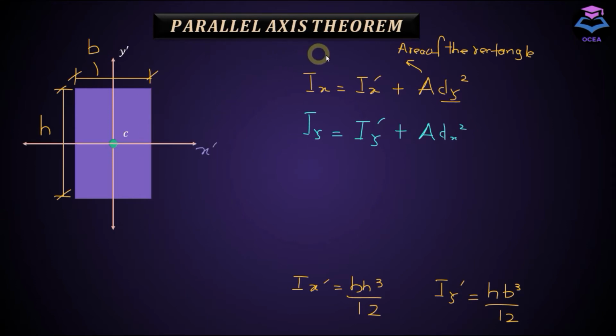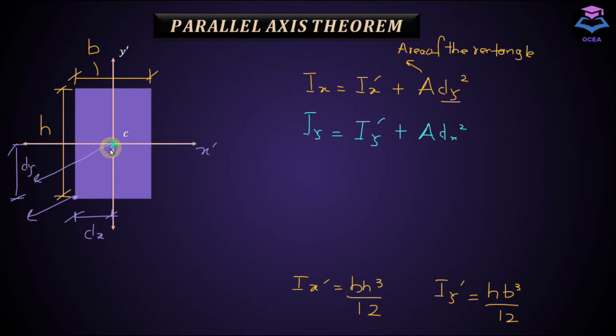Now let's apply this parallel axis theorem to polar moment of inertia, that is the moment of inertia about an axis which is perpendicular to the x dash y dash plane as well as passing through the centroid. Let's say I want to calculate polar moment of inertia at this point. What I will do is calculate this distance, let's name it dx. I will calculate this distance as well, and call it dy.